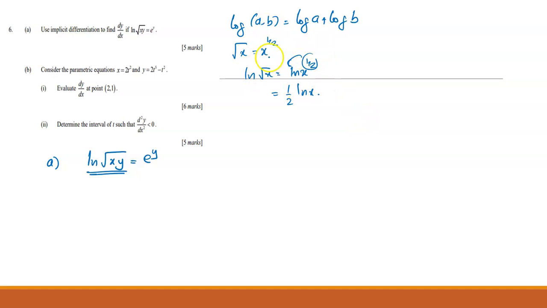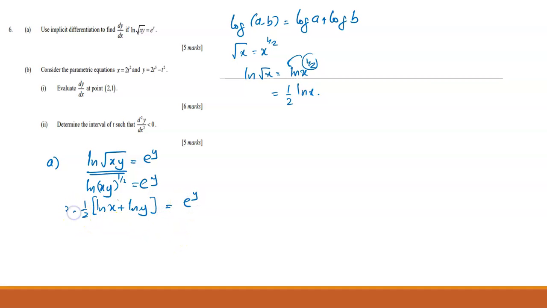Okay, from these rules, we simplify this first. We come up with natural log of xy to the power of half. Then 1 over 2 natural log of xy, which is natural log of x plus natural log of y, equal to e to the power of y.